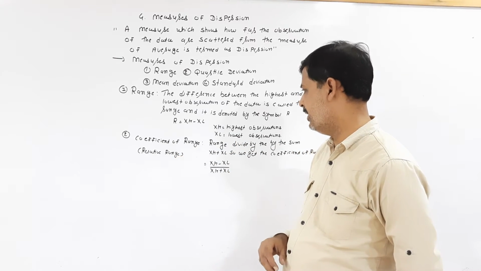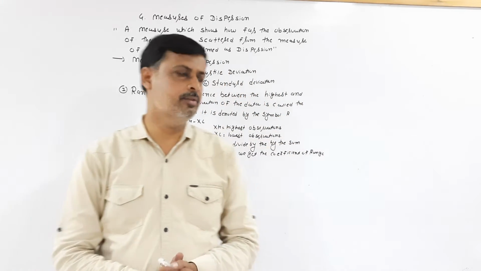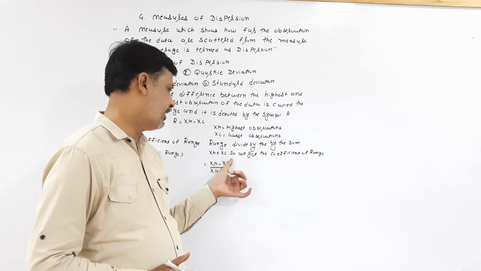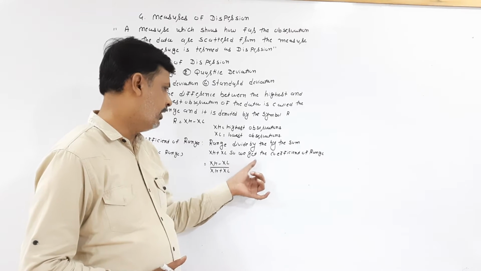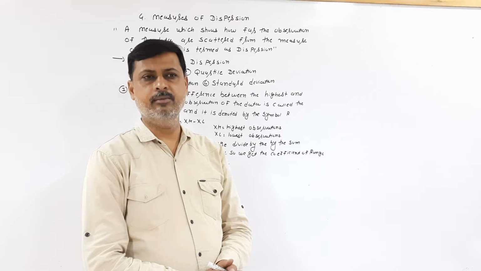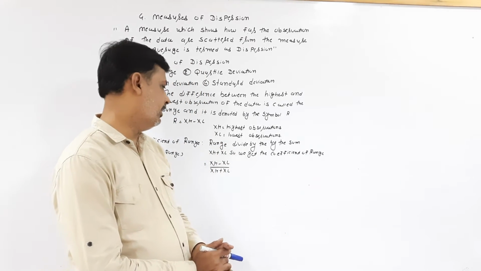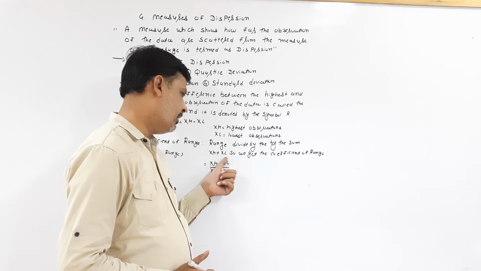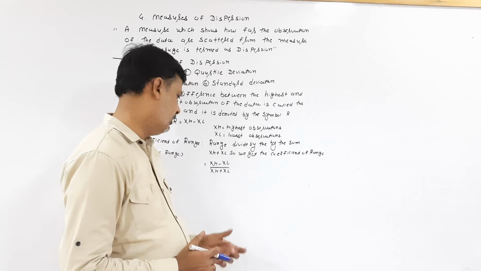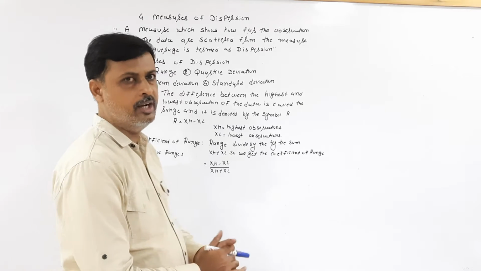Then the coefficient of range, or you can say relative range: the range divided by the sum XH plus XL. तो पहले हम रेंज फाइंड करेंगे XH माइनस XL, और जो XH माइनस XL है उसको अगर आप XH प्लस XL से डिवाइड करोगे तो जो मेजर आपको मिलेगा that is called the coefficient of range, or relative range.